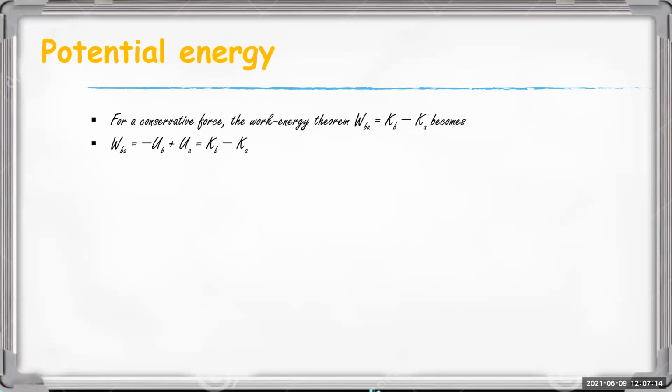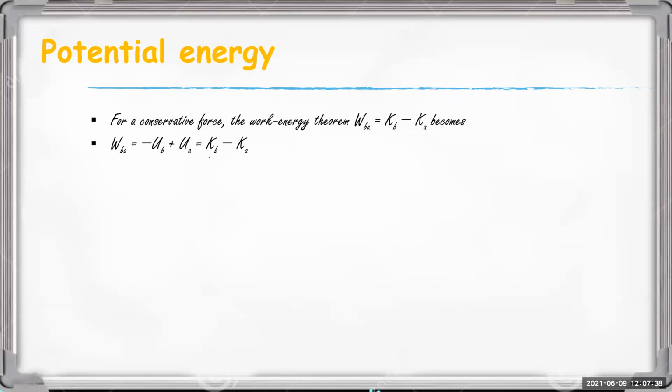Now we can arrange this equation. Here we know that UA and UB are the potential energy functions at RA and RB respectively, and KA and KB are the kinetic energies at RA and RB respectively.